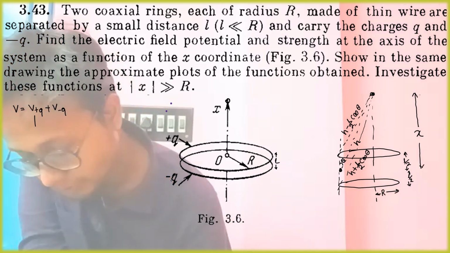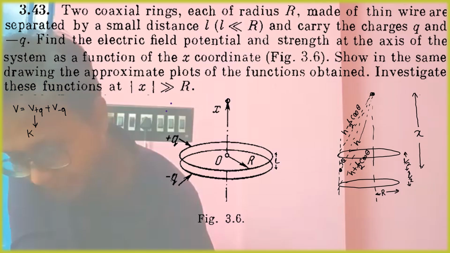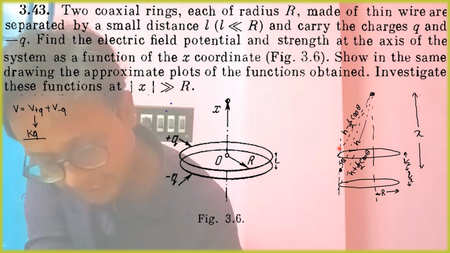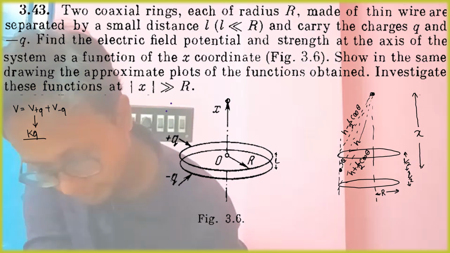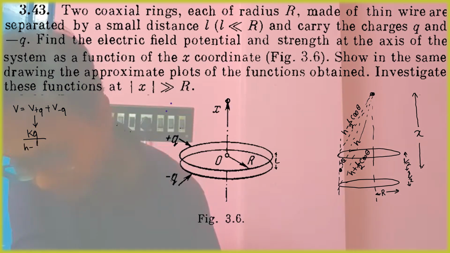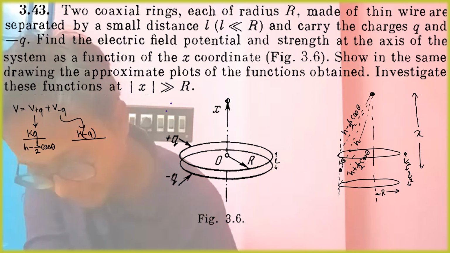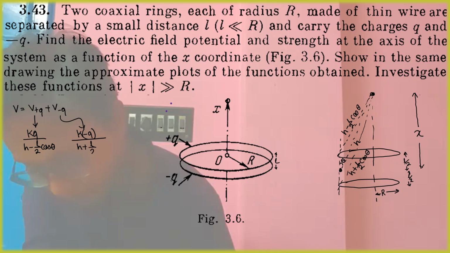So potential due to the positive ring is nothing but KQ divided by (h minus L by 2) cos theta, and potential due to the negative ring is nothing but K(minus Q) divided by (h plus L by 2) cos theta, isn't it?